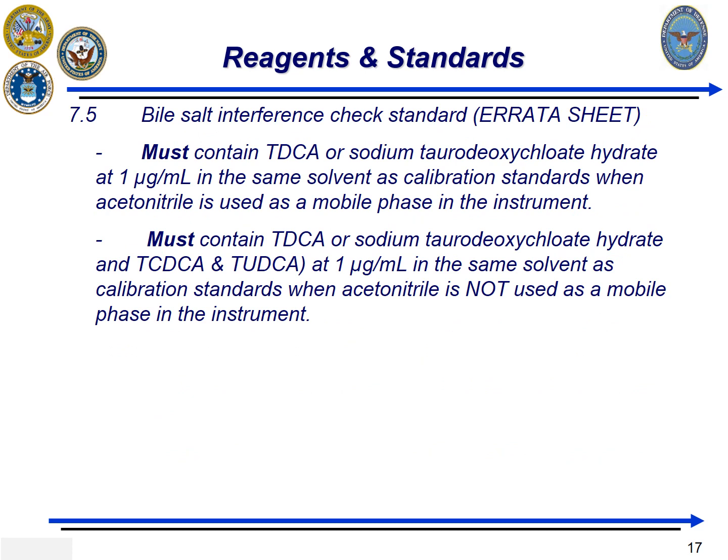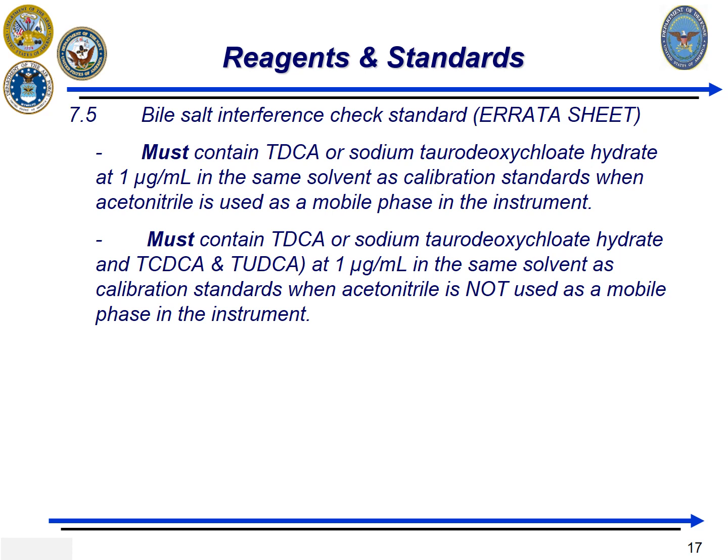And again, in section 7.5, we had a correction that was documented in the errata sheet with respect to the biosalt interference check standard. Originally, it had to just contain TDCA, but a clarification has been made that if you utilize acetonitrile as your mobile phase in the instrument, then you continue to use a standard made of TDCA at 1 microgram per milliliter.